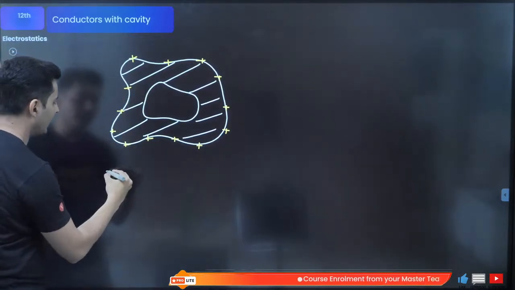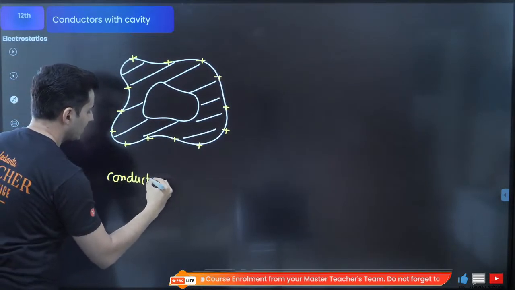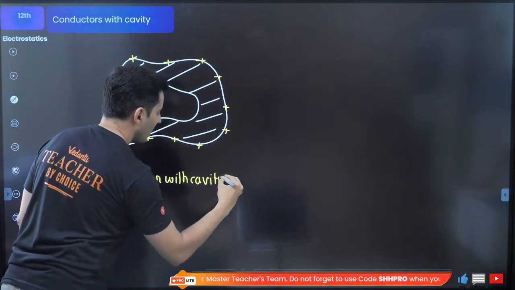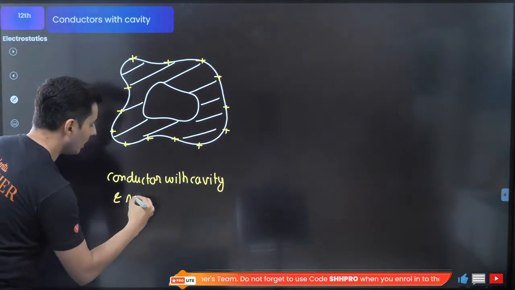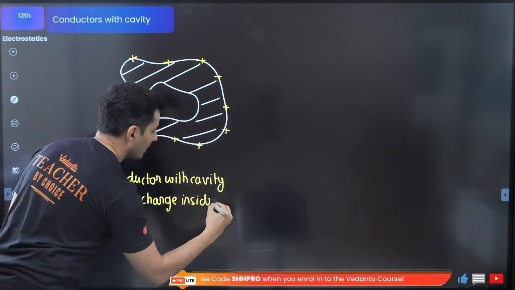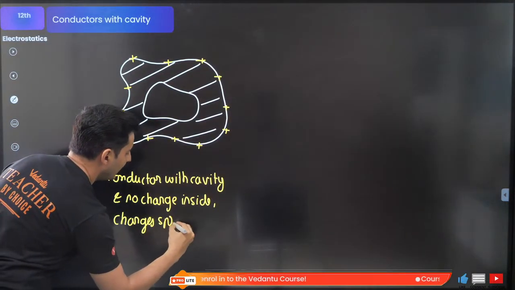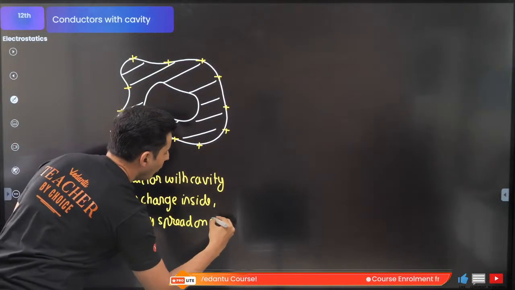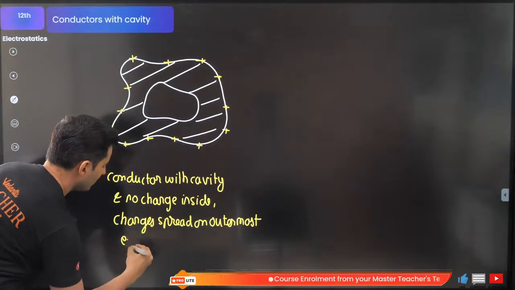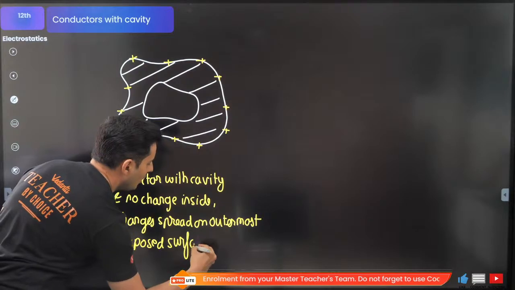So I will say for a conductor with cavity and no charge inside, the charges spread on the outermost surface, on the outermost exposed surface, not on the inner surfaces.